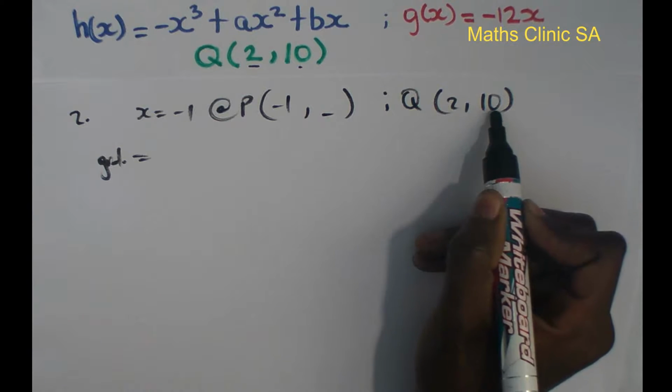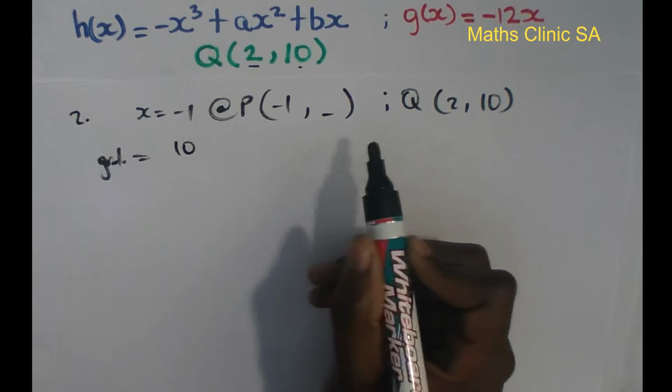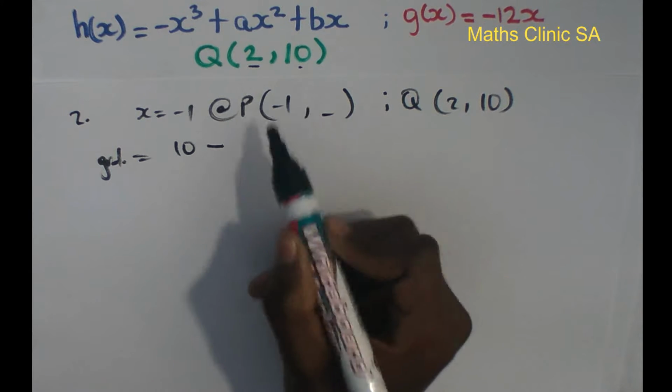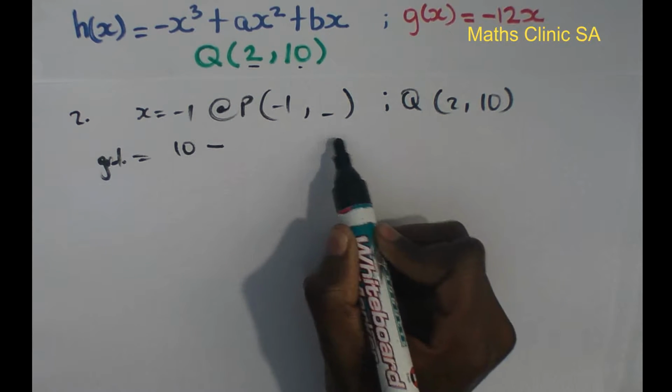At x equals 2, the y value is 10. And at x equals minus 1, we want the y value, which is still h of x.